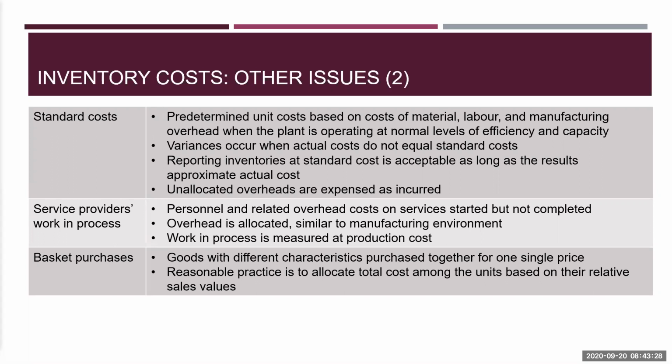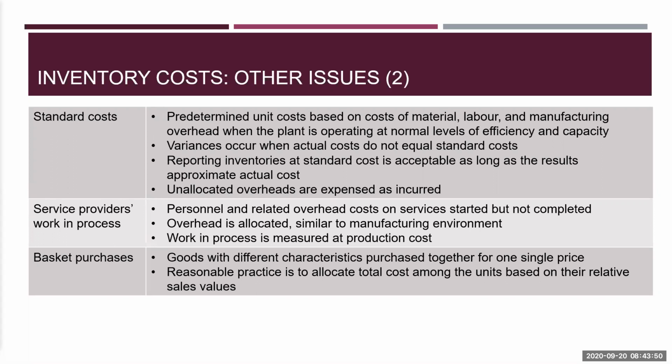So the companies will estimate a standard rate to apply to the inventory. Okay, so that's what they're talking about here. As long as the actual cost is not far off from the standard cost, then that is fine. But if there are unallocated overheads, then that will be expensed in the process.